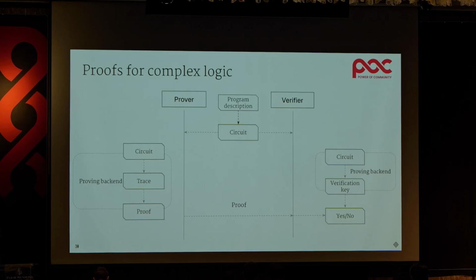The verifier will convert the same circuit description to a verification key, which you can think about similar to a public key in regular cryptographic systems. And when the prover sends the proof, the verifier uses that verification key and checks the proof against it, and basically receives a Boolean yes or no: is the proof correct or not.